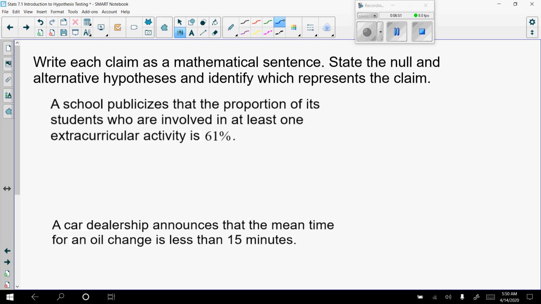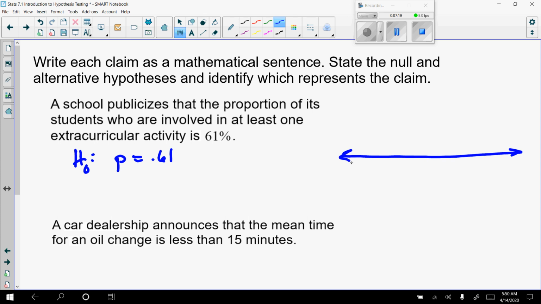So they must be promoting that 61% of their students are involved in extracurricular activities. In this one, the null hypothesis is that the proportion of students is equal to 61% or 0.61.